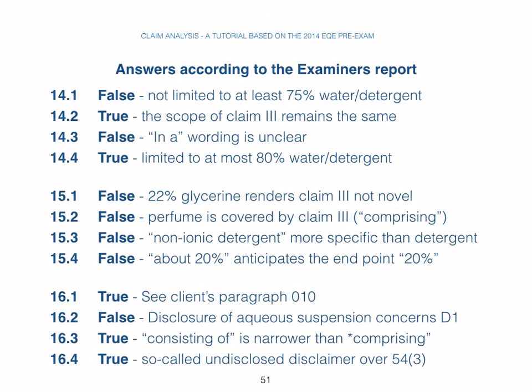For question 15, 15.1 false, 22% glycerine renders Claim 3 not novel. 15.2 false, perfume is covered by Claim 3 because of the word comprising. 15.3 false, non-ionic detergent is more specific than detergent. 15.4 false, about 20% anticipates the endpoint 20%.